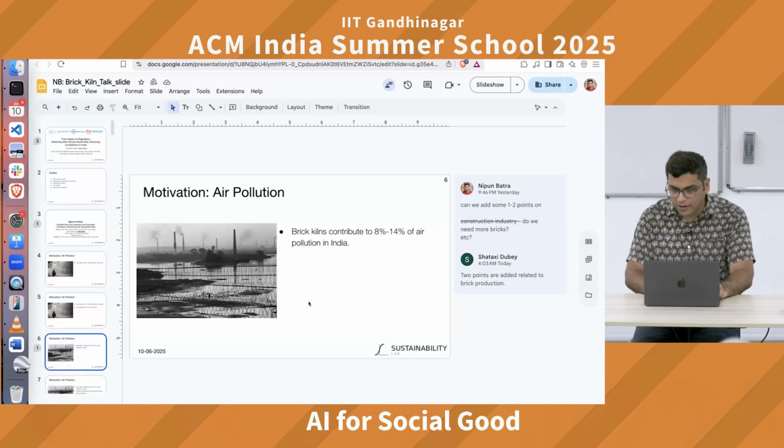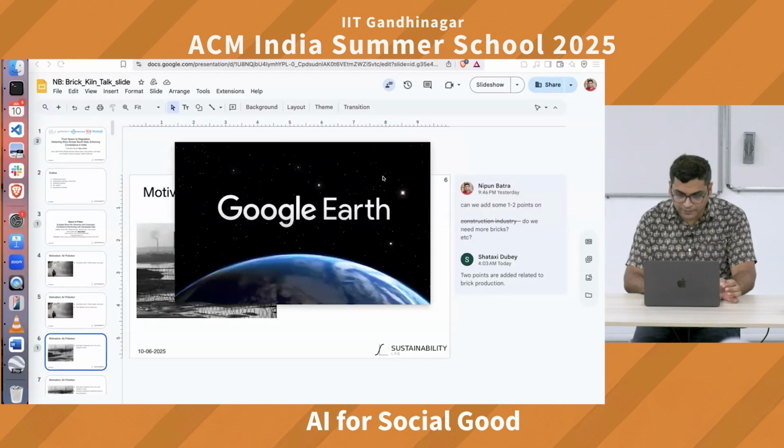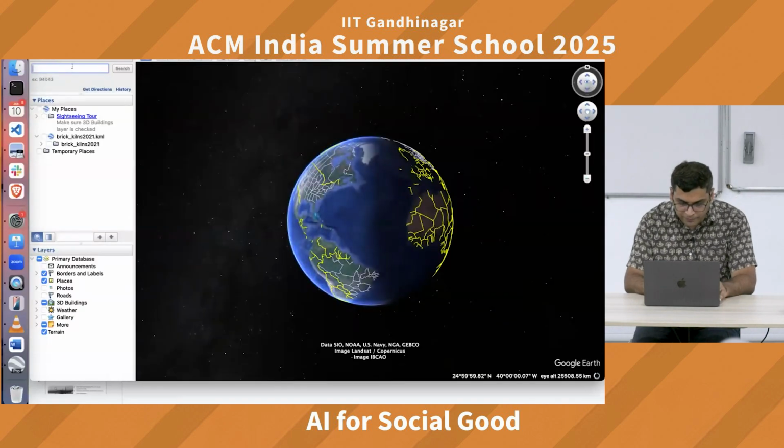While it's firing up, brick kilns can contribute roughly 8 to 14% of air pollution in India across specific belts. Okay, Google Earth is indeed starting up.